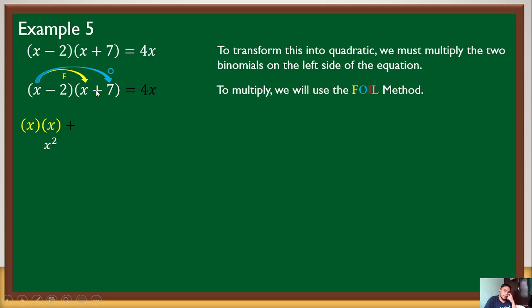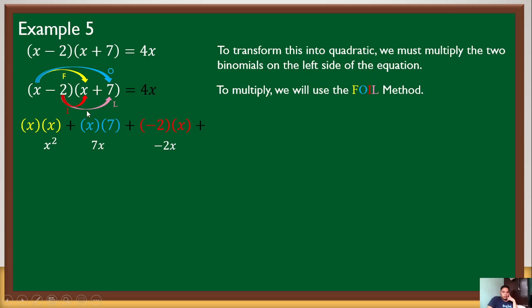So we have x and 7. X times 7 will give us 7x. Then the inner terms, or I. The inner terms are the ones in the middle. We have negative 2 and positive x. Negative 2 times positive x is equal to negative 2x.